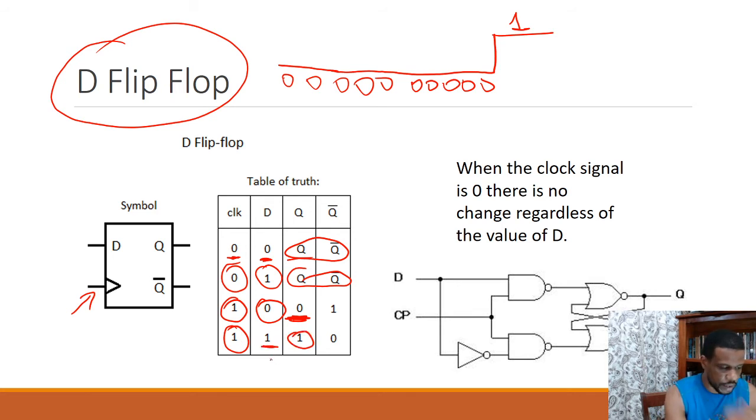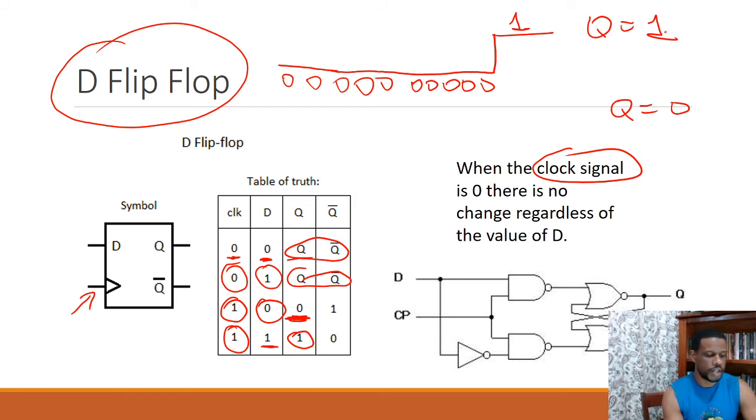So basically, a D flip-flop responds to the clock signal. You could modify the output of 1s and 0s by varying the clock signal.